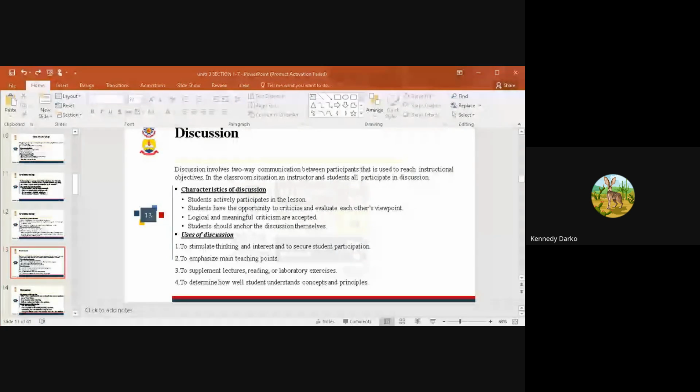What are its characteristics? Students actively participate in the lesson. Students have the opportunity to criticize and evaluate each other's viewpoint. Oh, you're saying this side is not good. Let's take this side from it. And yes, logical and meaningful criticisms are accepted.